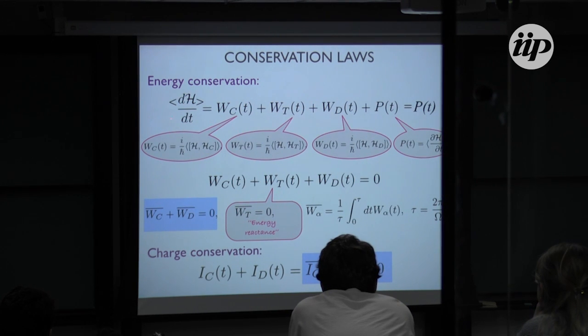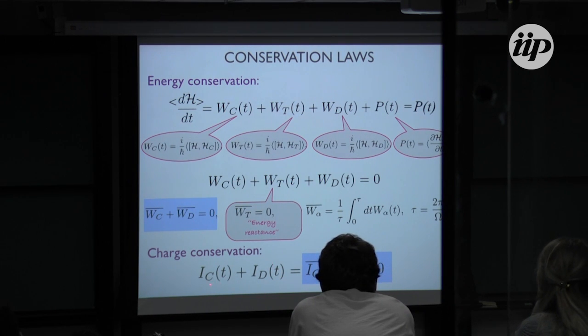As before, I'm going to write the fundamental conservation laws for the energy and for the charge. For the charge, it's very simple. We have this current into the continuum, the continuum being the reservoir, and this current into the dot.